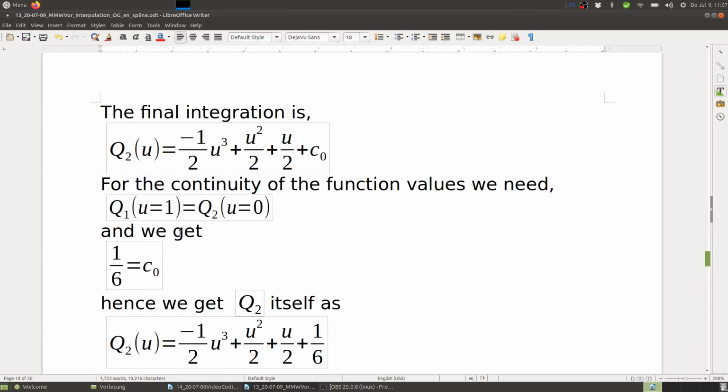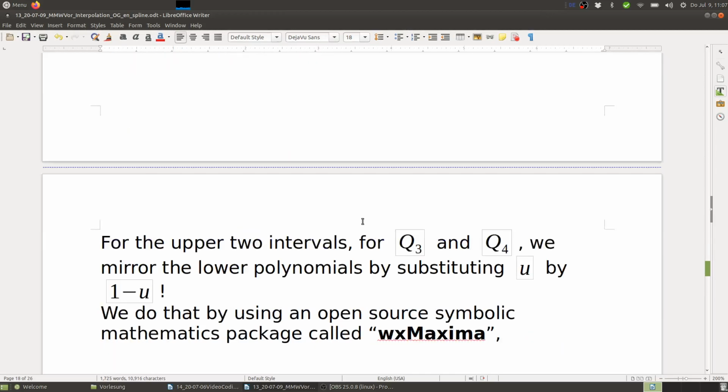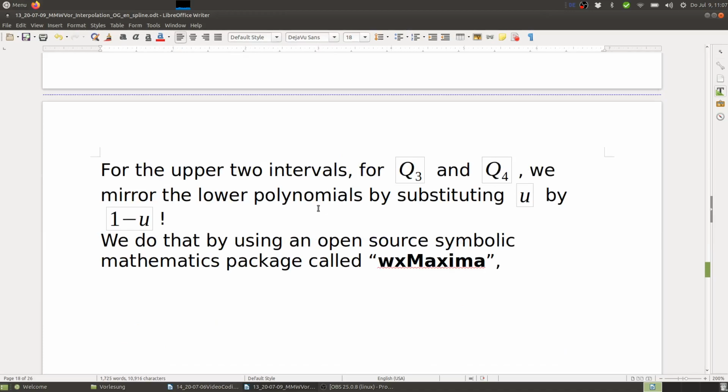Then again, the function itself, integration again, now with the integration constant c0, plug it in on both sides and we get 1/6 is c0. So now we get q2 itself. This is now our final polynomial q2 of u. So now we have the first two intervals, and we saw that we have the symmetry, right?